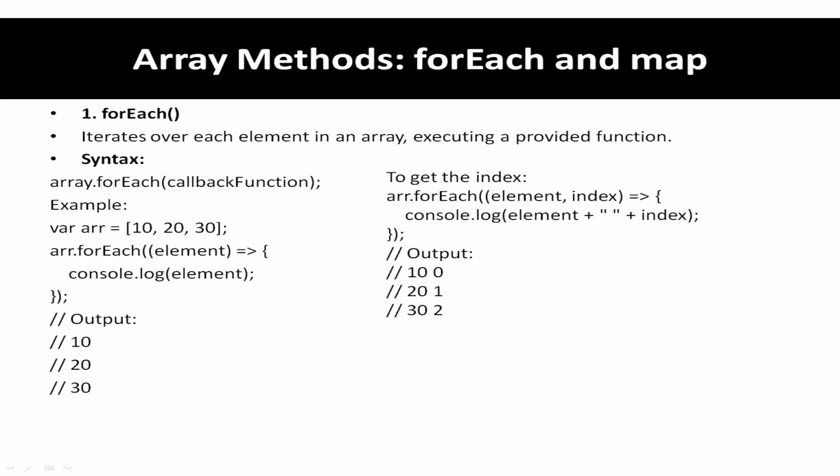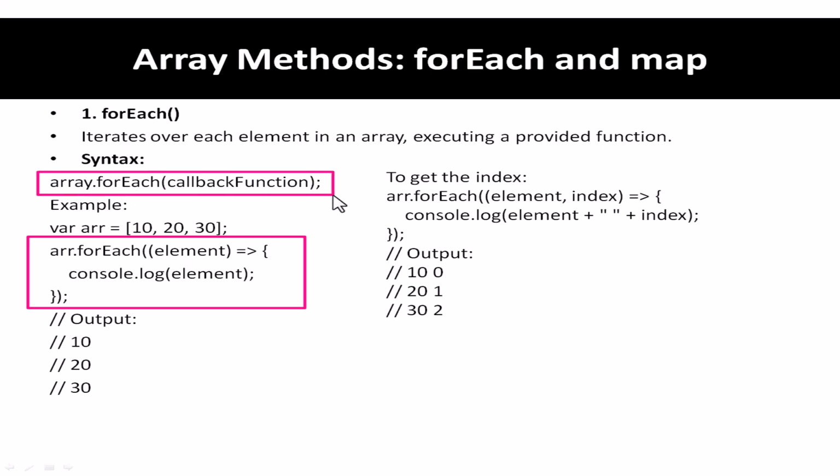Next, array methods using forEach and map. Earlier we have seen the forEach loop. Here we are using forEach to call back the function. You can notice arr is a variable, an array which stores the elements 10, 20 and 30.